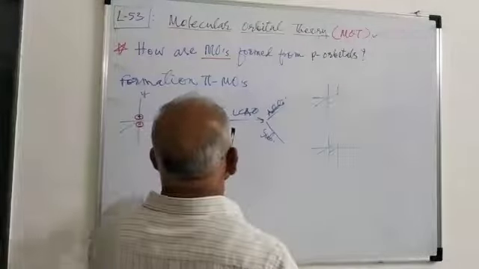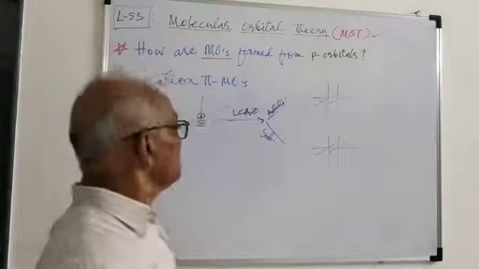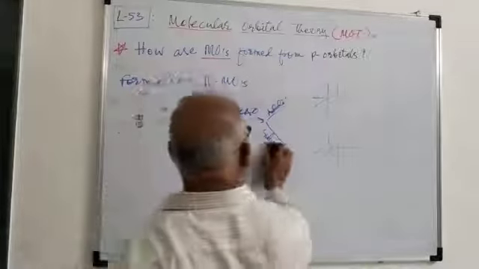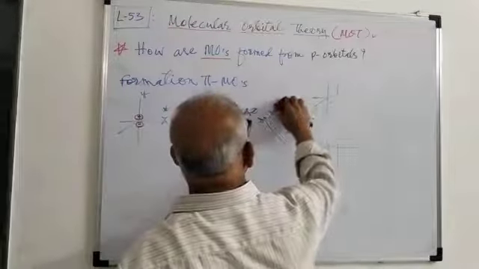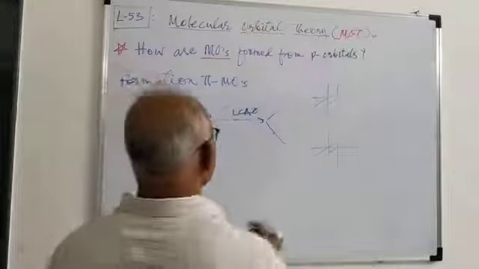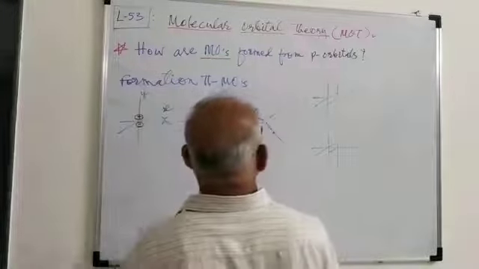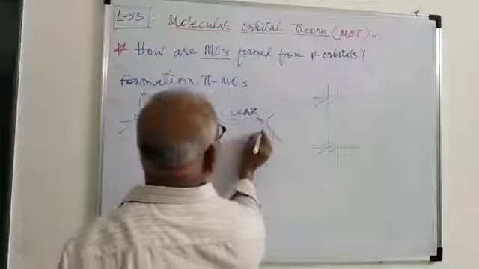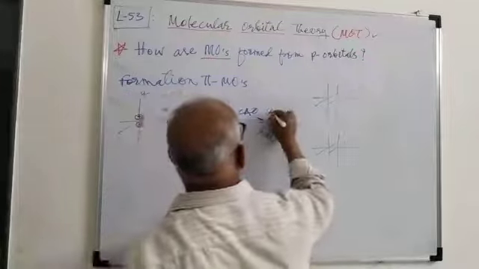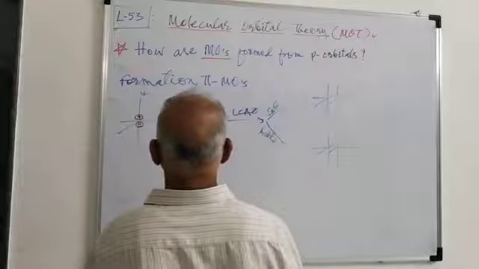In case of these py orbitals, there is here addition type of overlap, and here it is subtraction type of overlap.